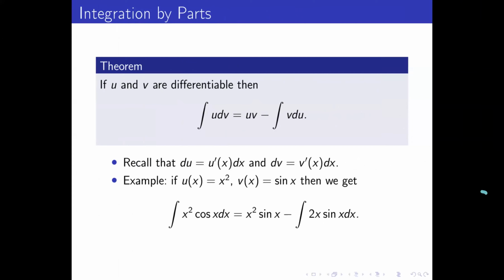So this is here. And this is one example of this formula. When you have u is x squared and v is sine x, then what you get is this integral. So integration by parts.